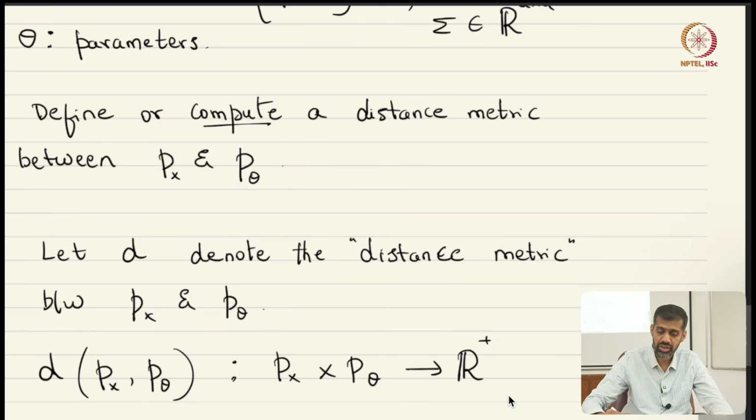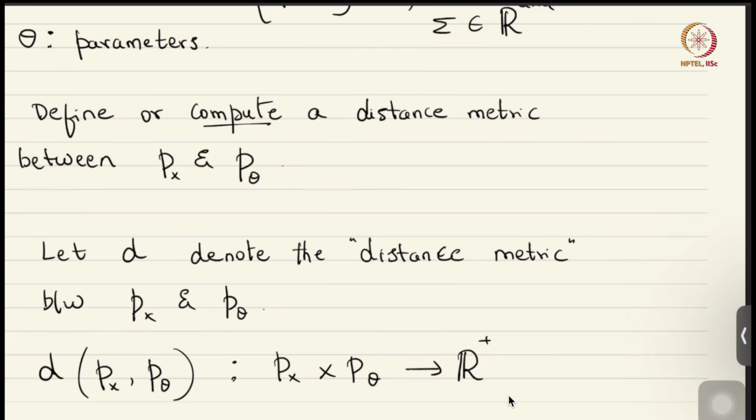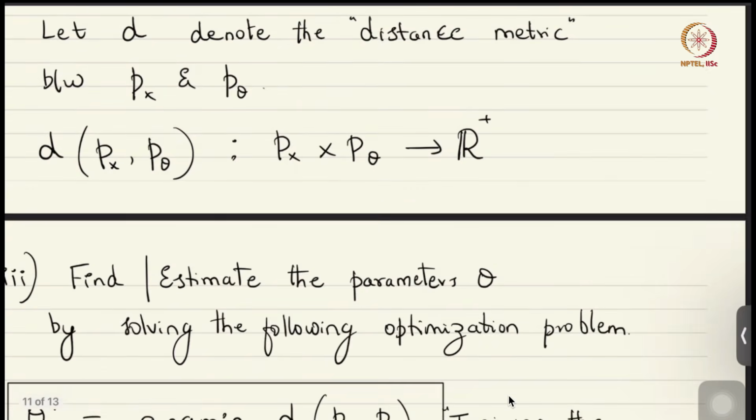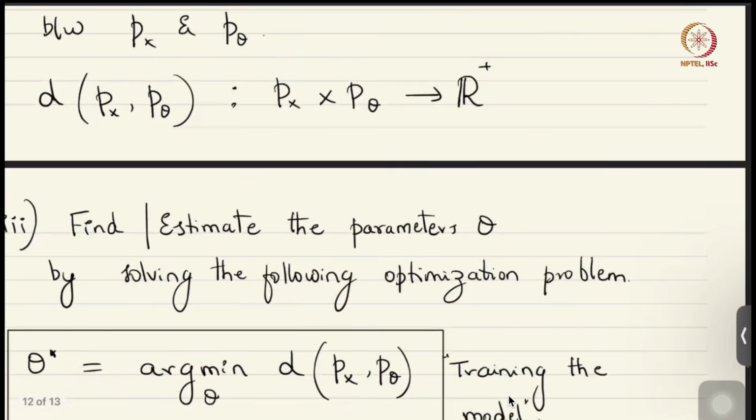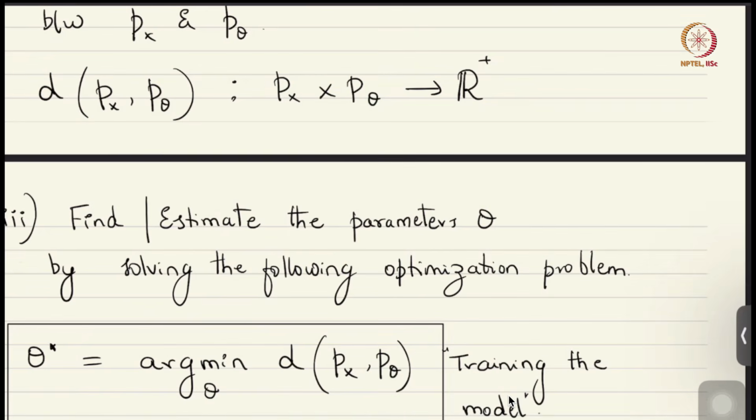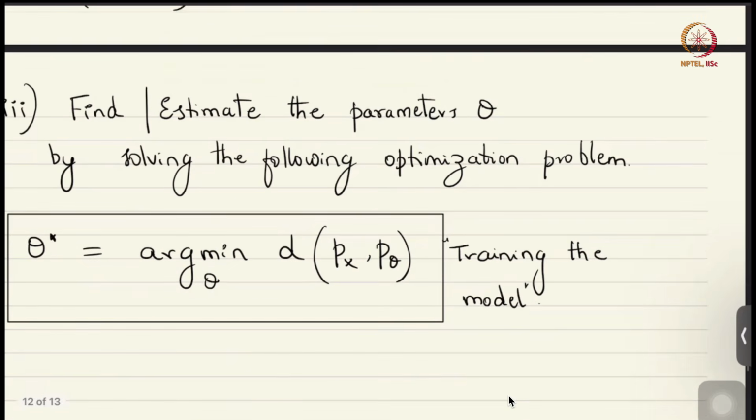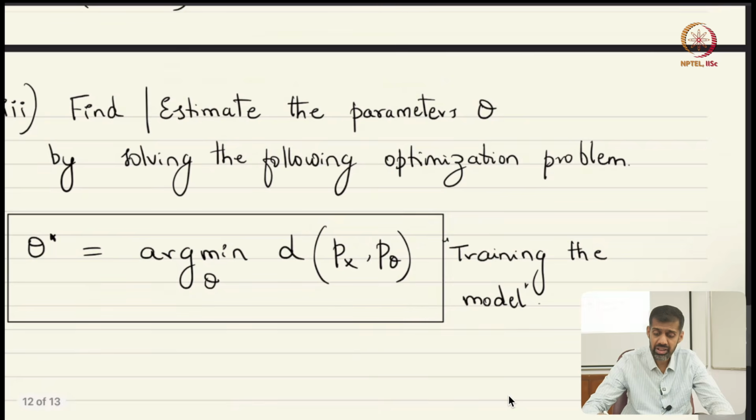So I will be using those words. So p theta is the model distribution. So there is some distance metric which takes two distributions and maps it to a positive real number. We find or estimate the parameters theta by solving an optimization problem that would say that the optimal parameter theta of this model distribution is the one that minimizes a divergence metric between the true distribution and the model distribution. So that is the general recipe that we saw.